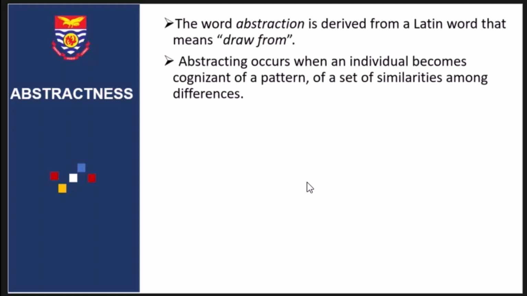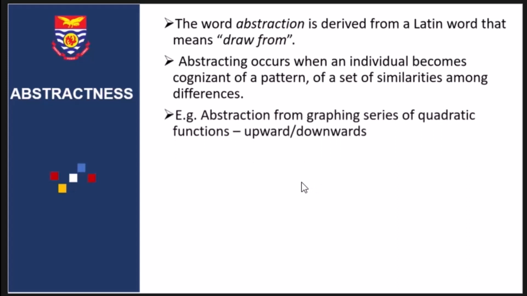So what we are saying here is that whatever subject matter cannot be related to the immediate environment of the student, they have to identify some patterns and be cognizant of the pattern, and be able to draw similarities among them. So when concepts are abstract, students find it difficult to learn.